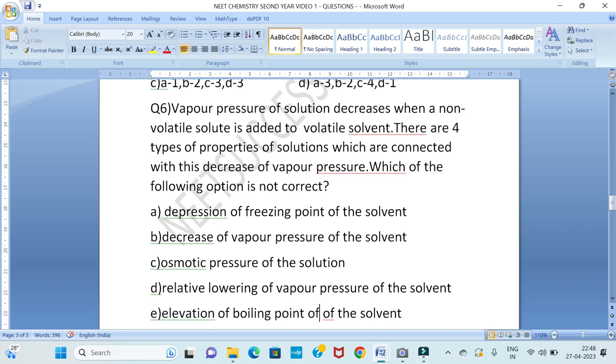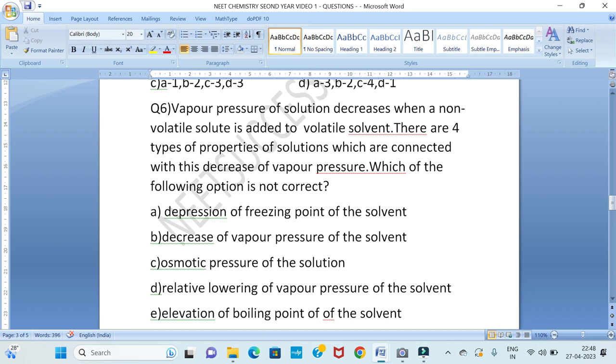Volatile solvents are liquids that easily vaporize into a gas. A non-volatile solute is a substance that does not easily vaporize. That is why the vapor pressure of the solution is decreasing.